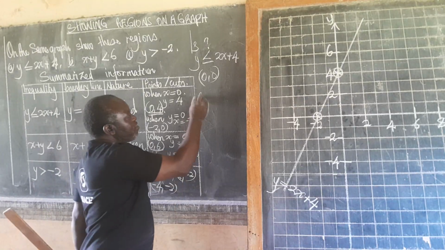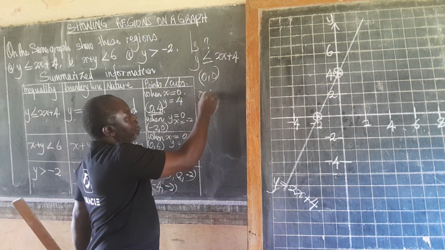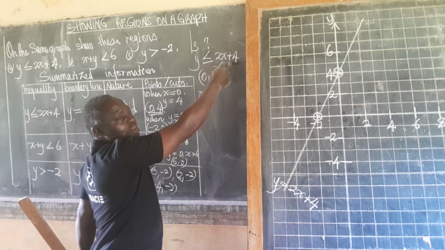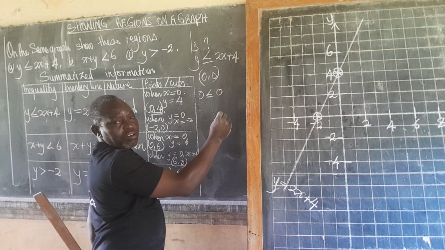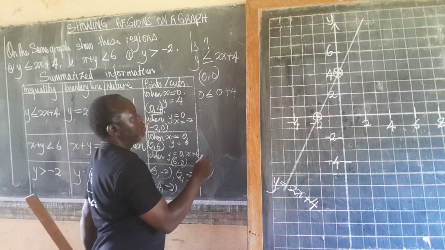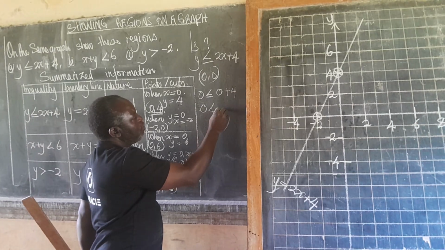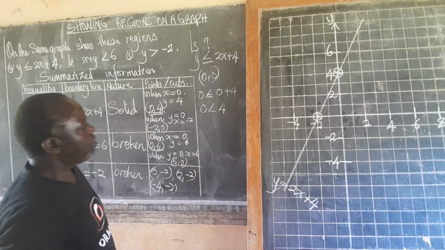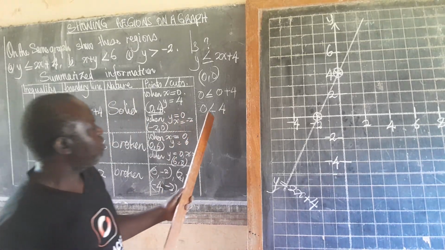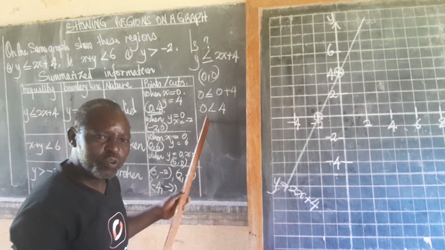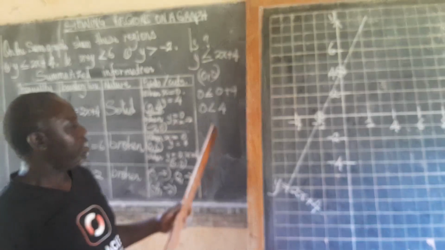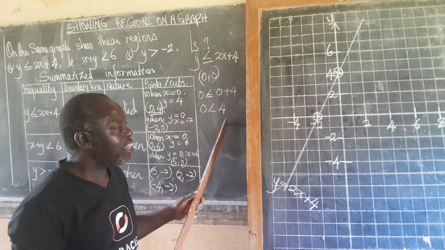So we have 0 less than or equal to 2 times 0, which is 0, plus 4. Then we have 0 is less than 4. Is it true or not true? In reality, 0 is less than 4.